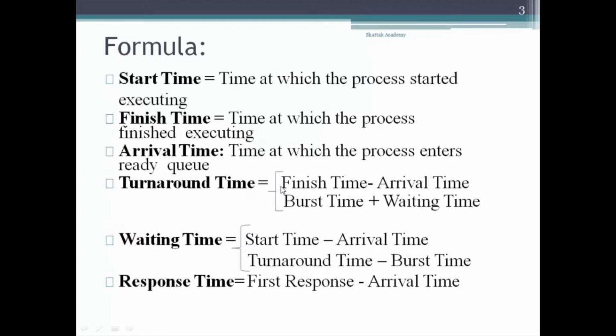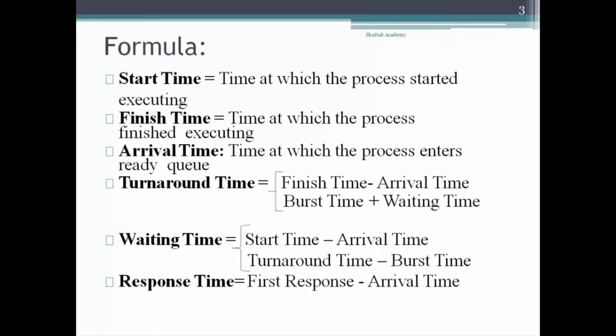Now coming to the waiting time. Waiting time can be written as start time minus arrival time, or turnaround time minus burst time. Why turnaround time minus burst time? Waiting time is the amount of time a process has been waiting in the ready queue, and the turnaround time means the total time taken.